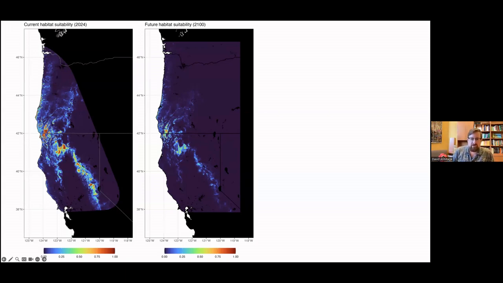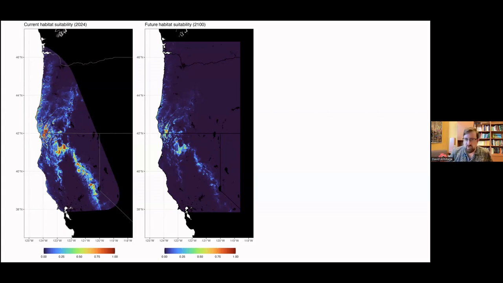So another thing to note is that there's not really any northward movement of suitable habitat. So it's not like, as the climate changes and the northern hemisphere warms up, these plants can necessarily just migrate northwards. And the reason for that is because there are all of these other non-climatic factors that are also really important for determining their distribution.